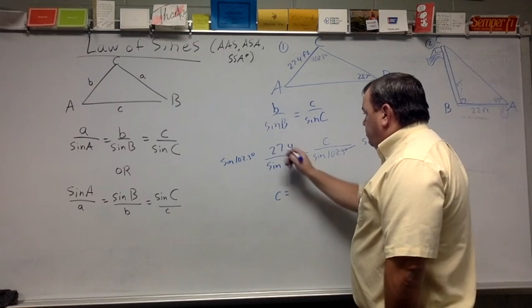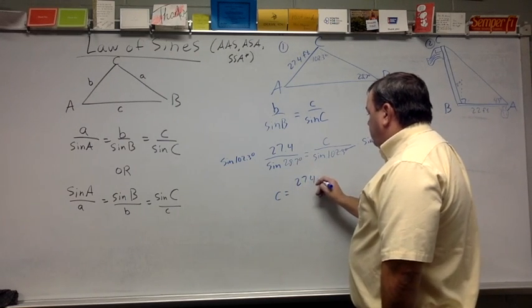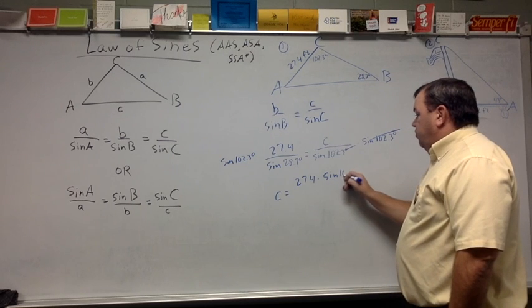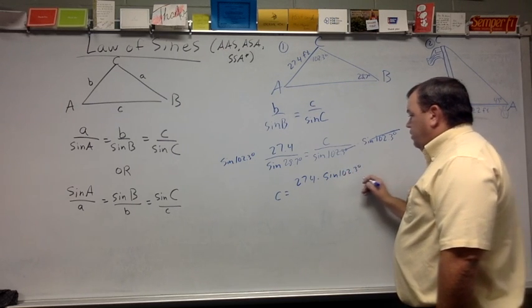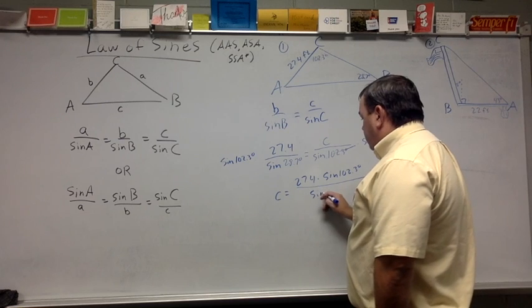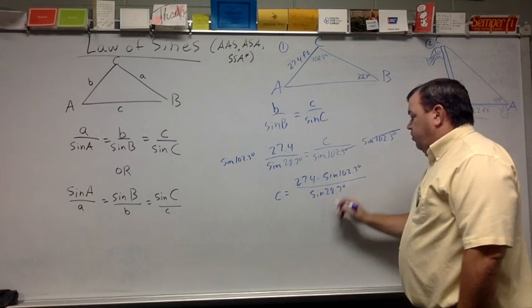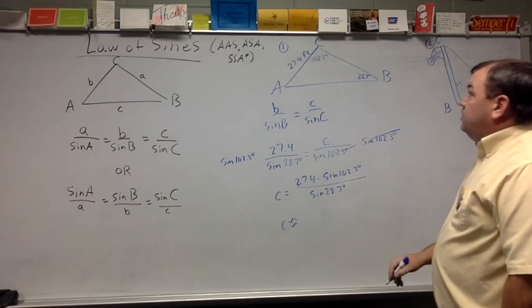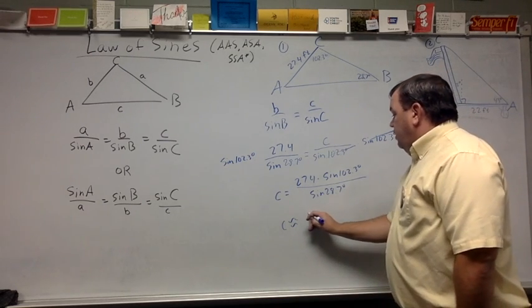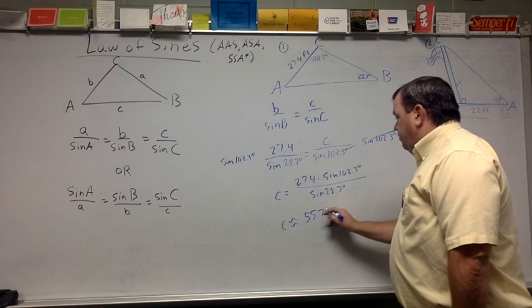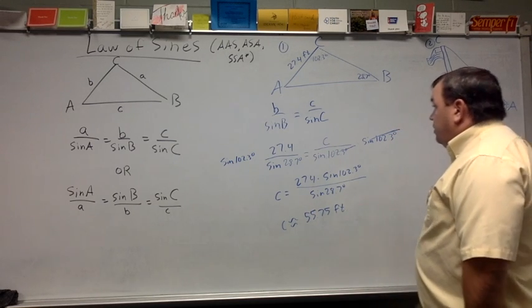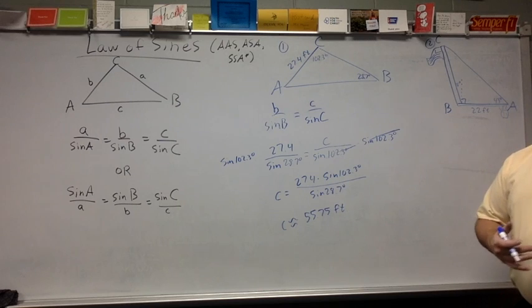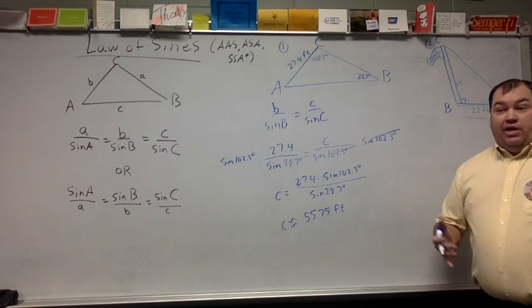So C is equal to 27.4 times the sine of 102.3 degrees divided by the sine of 28.7 degrees. Side C in feet is roughly 55.75 feet.